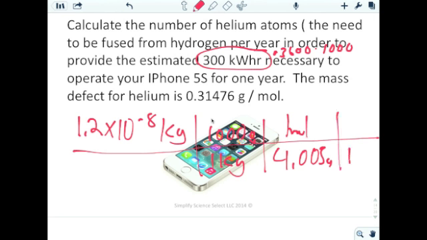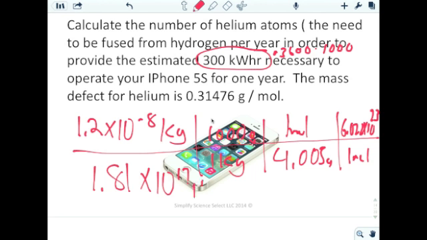And then here's some chemistry. 1 mole is 6.022 times 10 to the 23rd. We multiply all that out and we will get 1.81 times 10 to the 17th helium atoms.